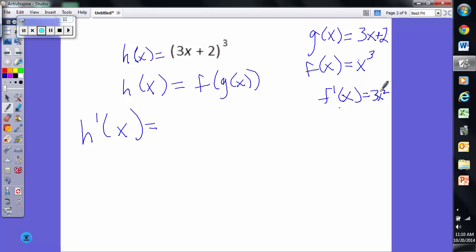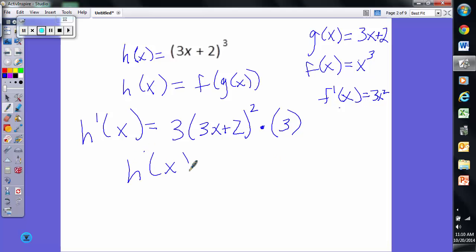But remember, we said take the derivative and leave the inside alone. So we're going to leave the 3x plus 2, this is kind of like the x, times the derivative of the inside, which is just 3. So h prime of x here would be 9 times (3x plus 2) squared.